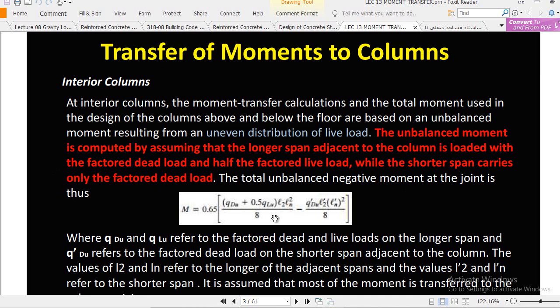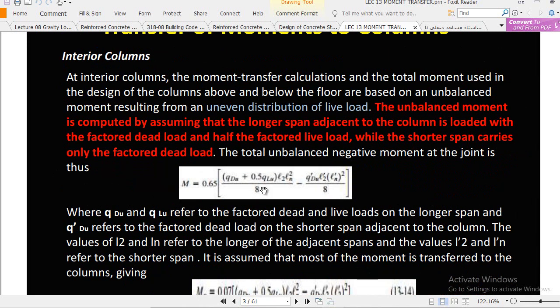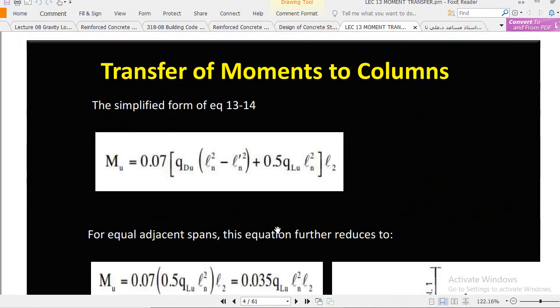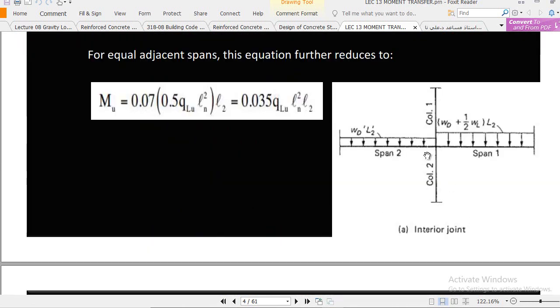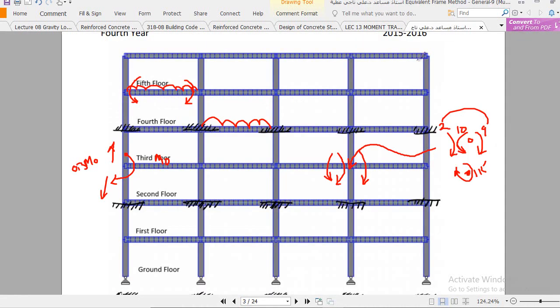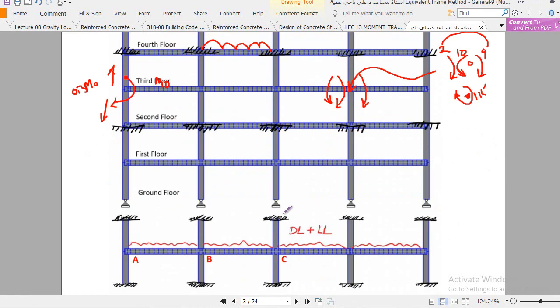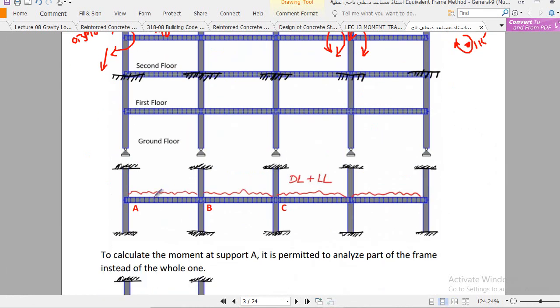The equation is simple and you must understand what it means. Here we have two adjacent spans, span 2 and span 1. Say we have span AB and span BC.